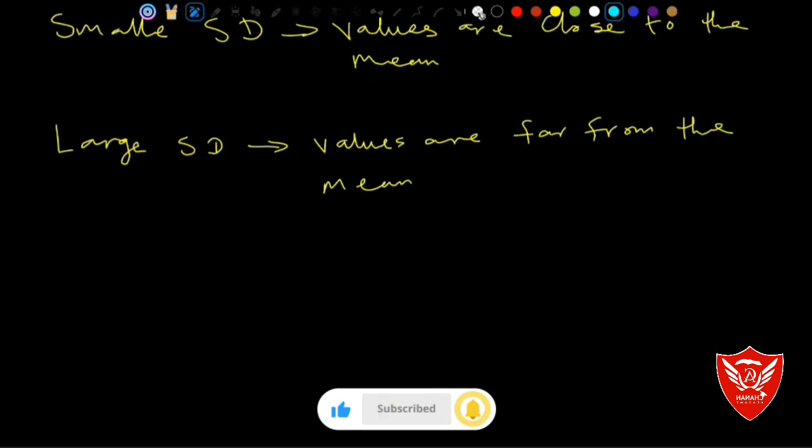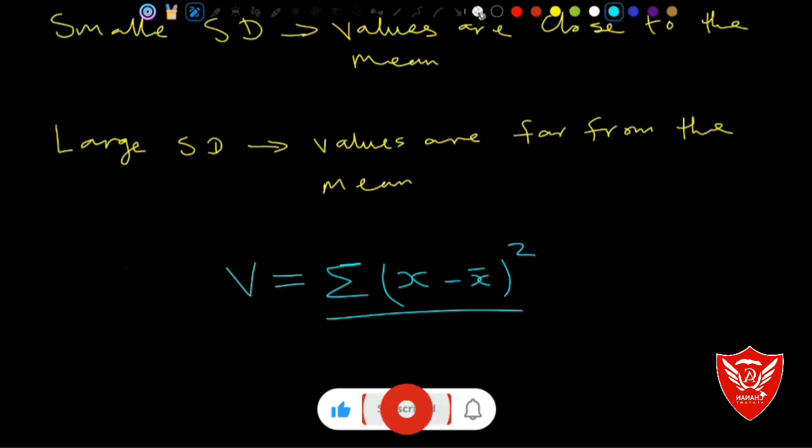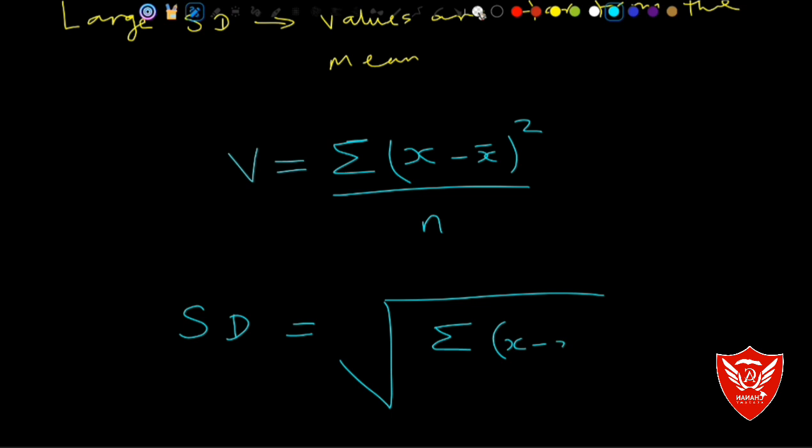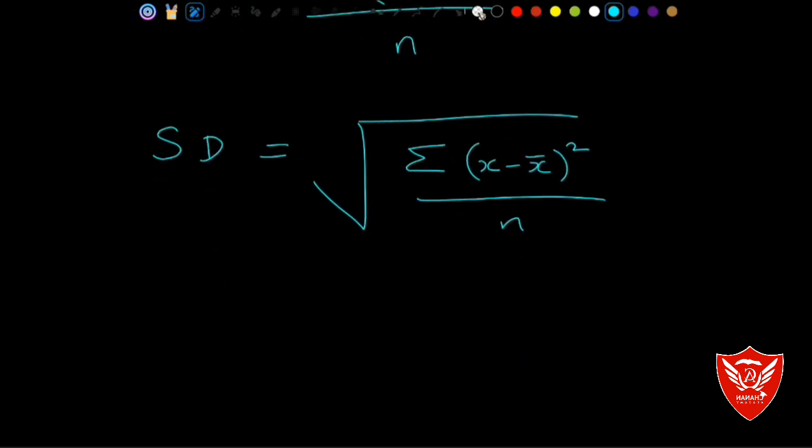So let's say variance is equal to the summation of x minus x bar, which is the mean, squared, all over n. Now the standard deviation SD is equal to the root of the summation of x minus x bar squared all over n. So the standard deviation is equal to the square root of the variance.